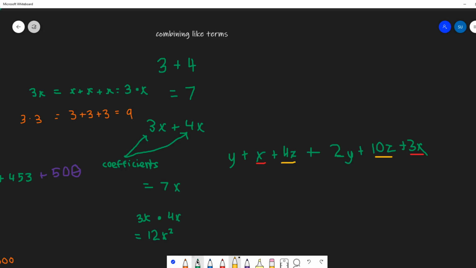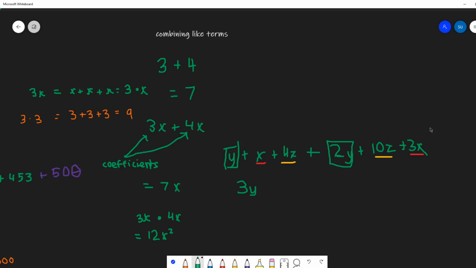So if we were to do this and add y and 2y, we could combine their coefficients. And when you see just a variable alone, there's always going to be that invisible coefficient of 1, right? So 1 plus 2, 3. Y plus 2y is 3y.